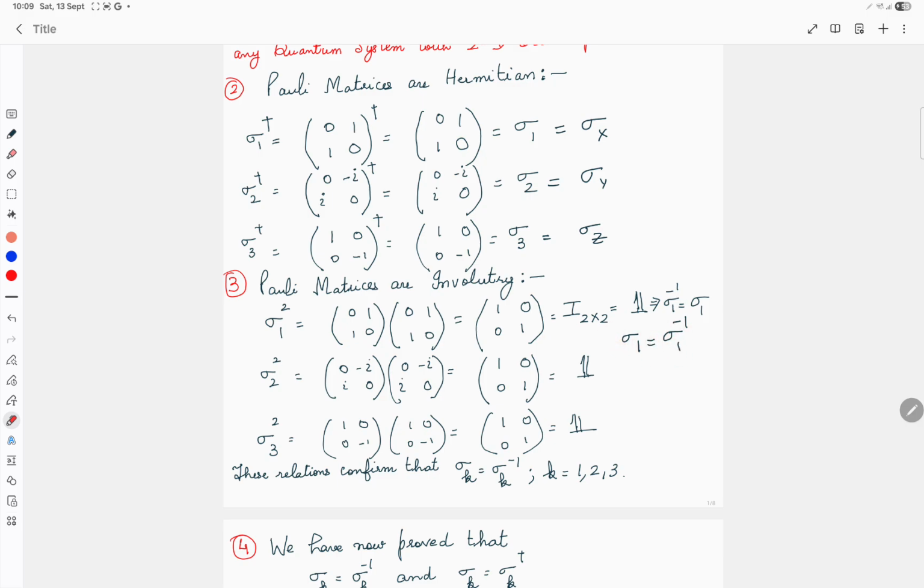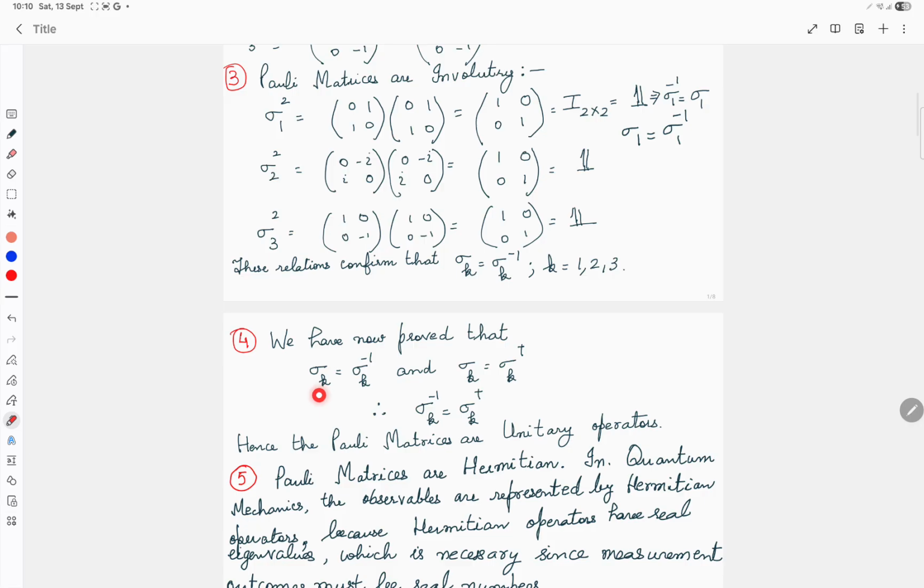That is why when you multiply the two matrices, since it is equal to its inverse, we are getting the identity matrix. So all three Pauli matrices are involutory also, and we can express in general with sigma k, where k subscript is equal to 1, 2, 3, represents all the three Pauli matrices. So therefore the Pauli matrices are Hermitian and the Pauli matrices are involutory also.